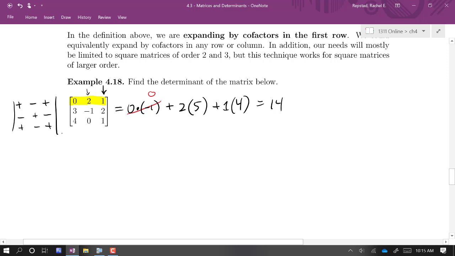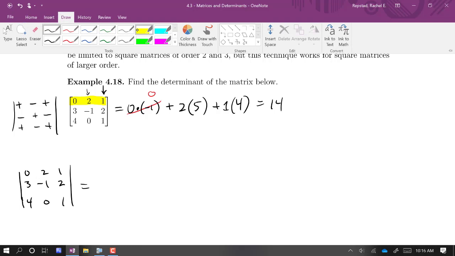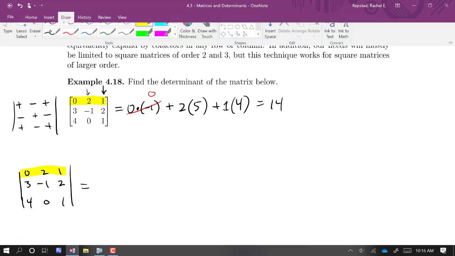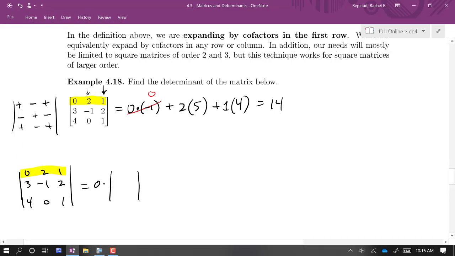And if I find the determinant by expanding on the first row, what I'm going to do is take each entry. So I start with the first entry, which is 0, times its minor, which is the determinant of that 2 by 2. And that 2 by 2 will be -1, 2, 0, 1.